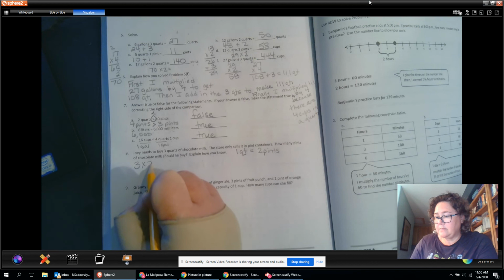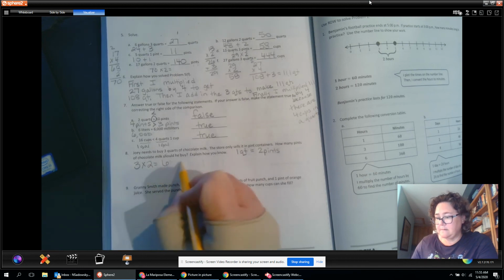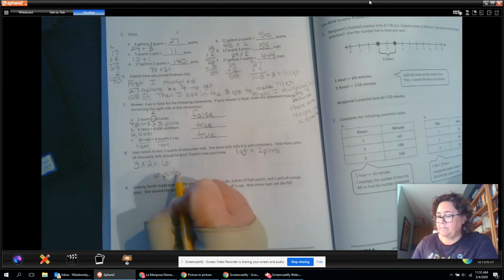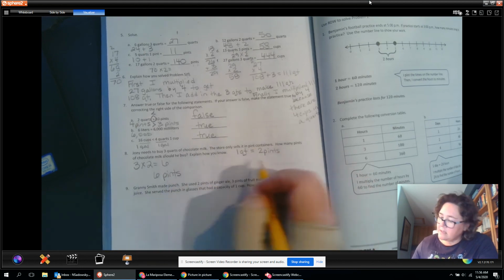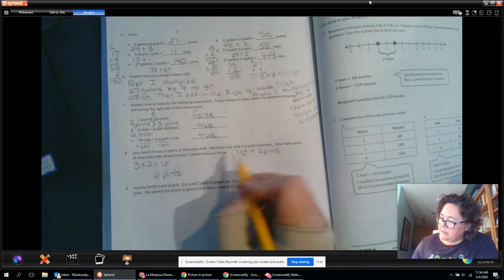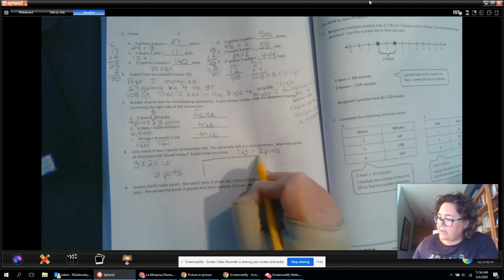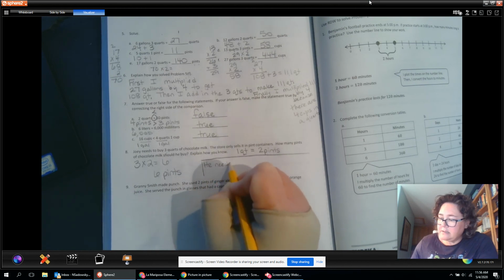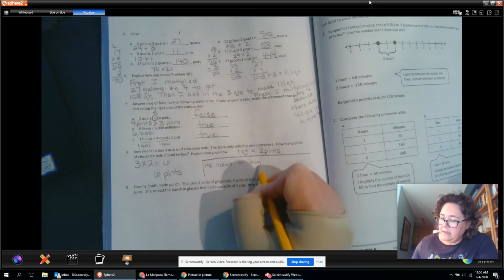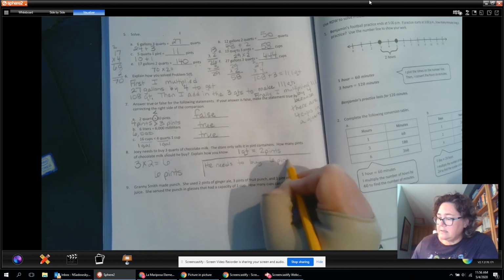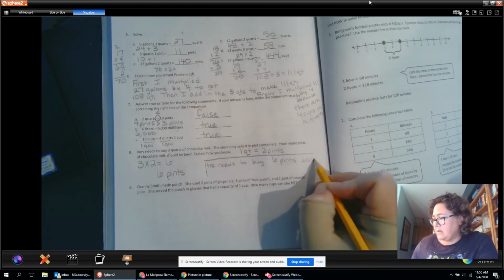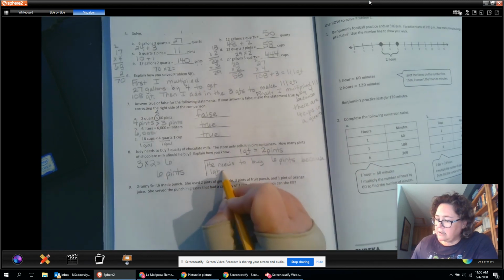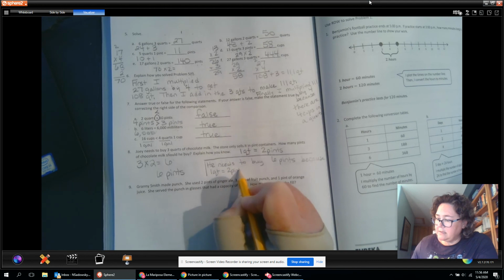So 3 times 2 is 6. So he needs to buy 6 pints. So we'll say in our little explain part, he needs to buy 6 pints because 1 quart equals 2 pints.